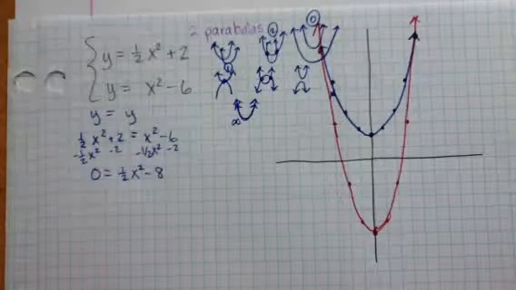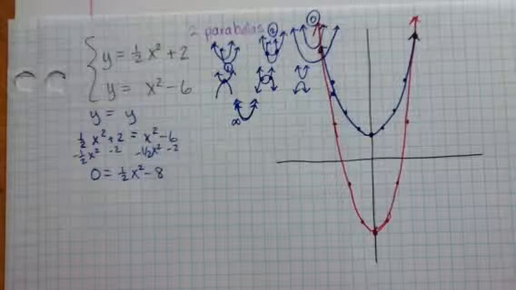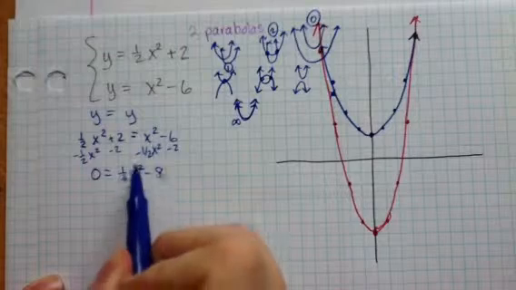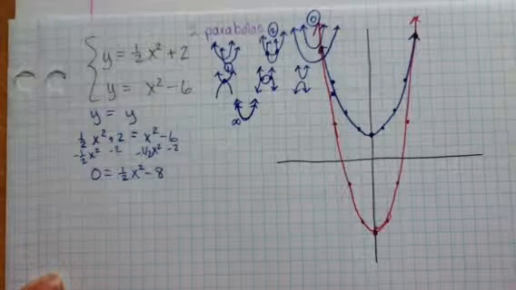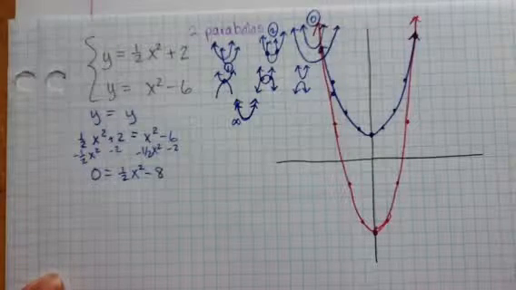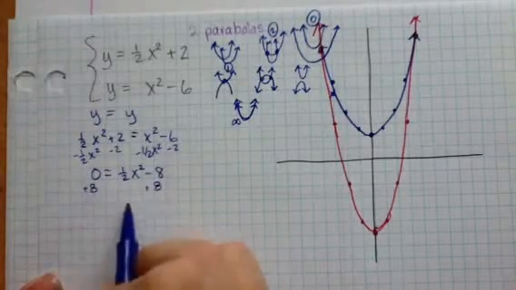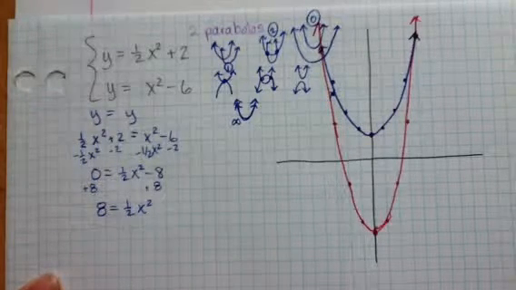This is still a quadratic equation, but since it has no x term, I can use the square root method, which means I isolate my x squared and then take the square root of both sides. So I add my 8 over: 1/2 x squared equals 8.